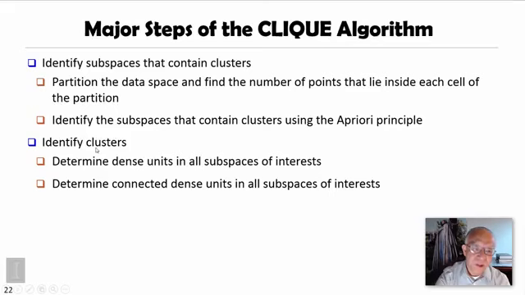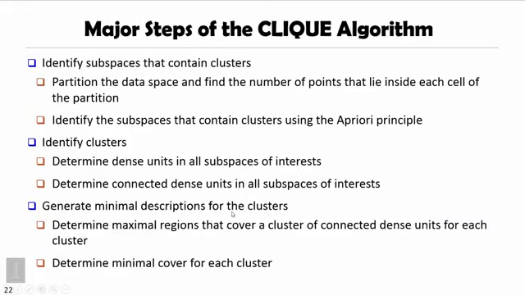As a second step, we identify clusters: determine the dense units in all the subspaces of interest, then determine the connected dense units in all the subspaces of interest. Then we generate the minimum descriptions of the clusters. That means determine the maximal regions that cover the cluster of connected dense units, then determine the minimal cover of each cluster.